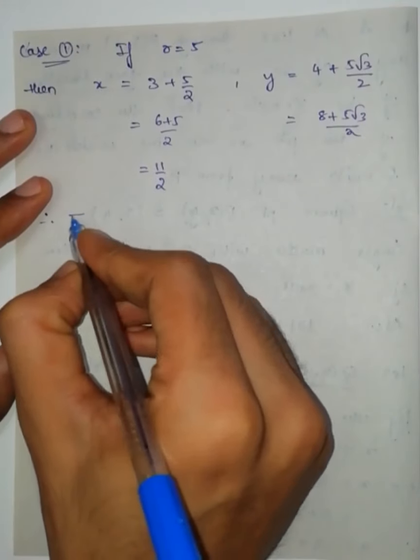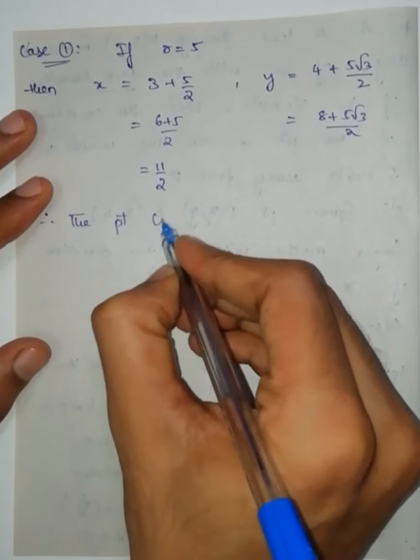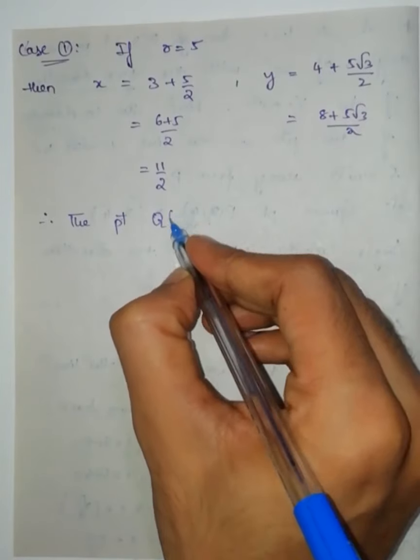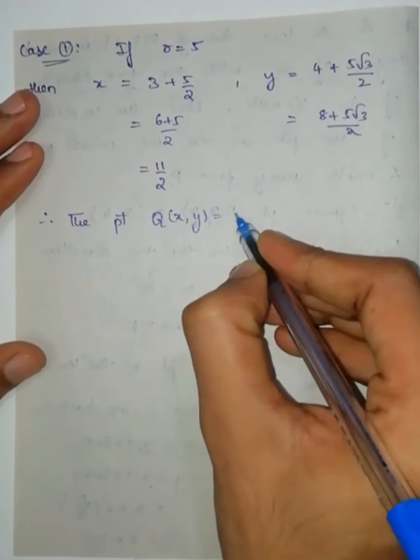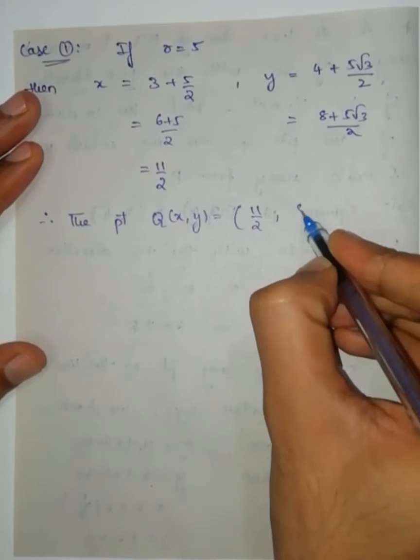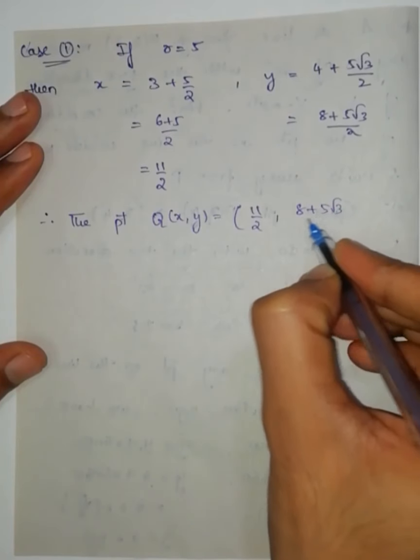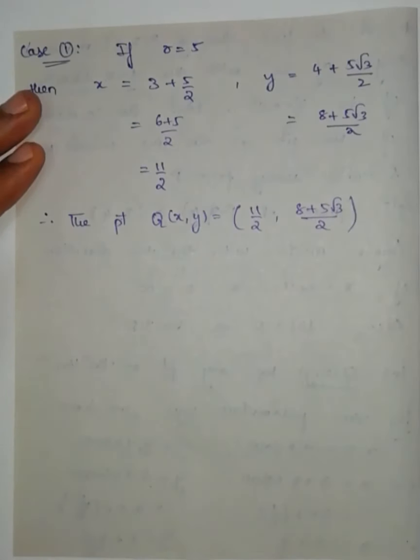Therefore the point Q of x comma y is equal to 11 by 2 comma 8 plus 5 root 3 by 2 in this case.